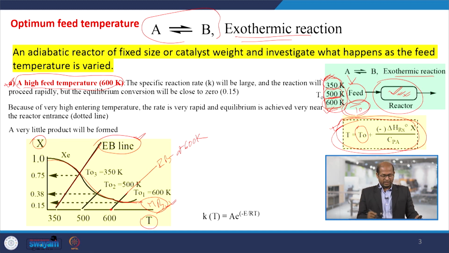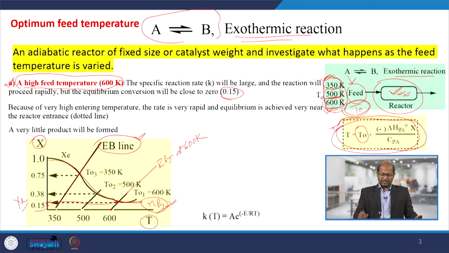Let us say the equilibrium conversion here is 0.15. If we draw this dotted line, it reaches the equilibrium conversion, so we can only get very low conversion.